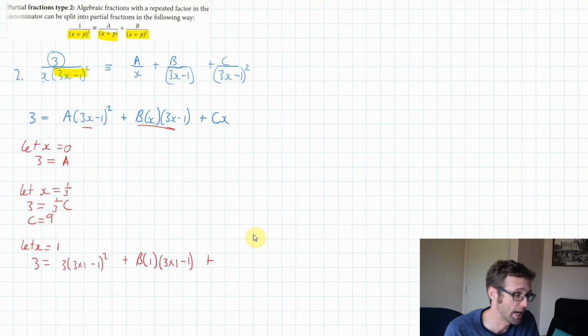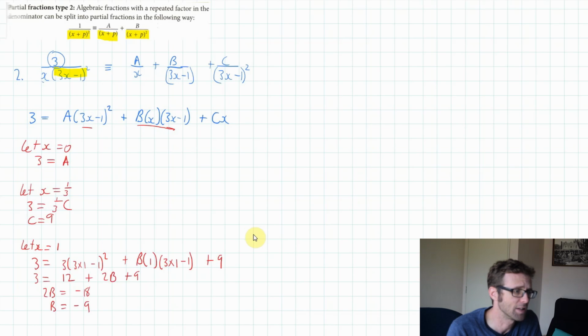Now c is 9, as we've discovered, and x is 1, so that's 9. Now when I simplify this, 3 times 1 minus 1 is 2, 2 squared is 4, so that first term is 12. The second term is going to be 2b, and the final term is 9. And when we simplify this, I'm going to get 2b is equal to negative 18. And so b is simply equal to negative 9.